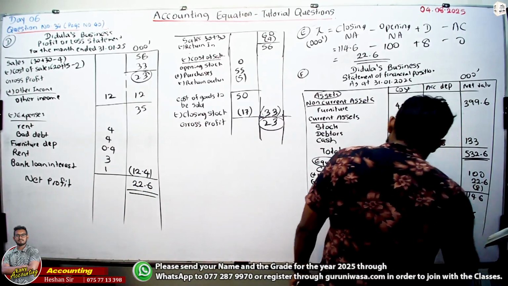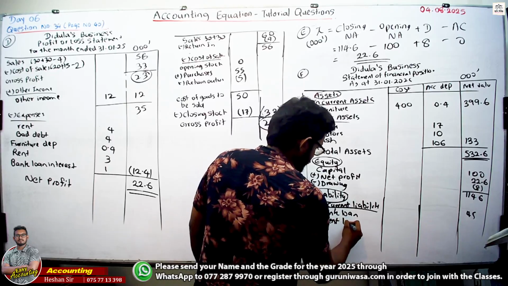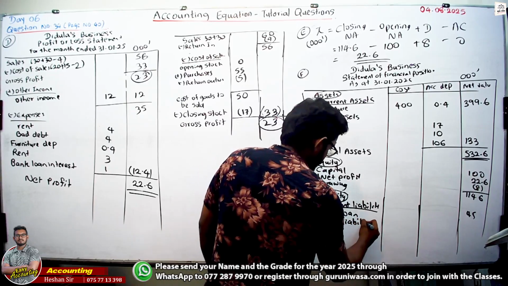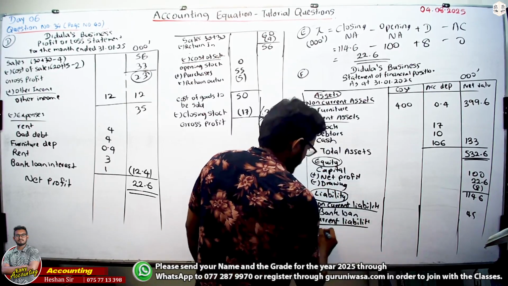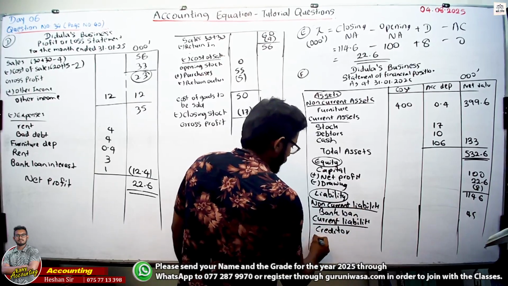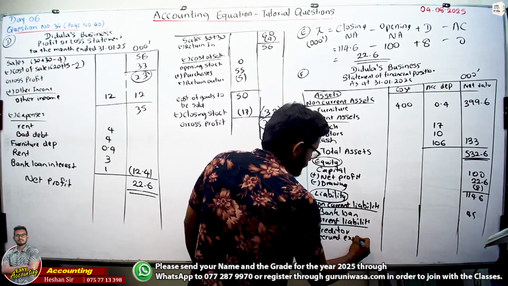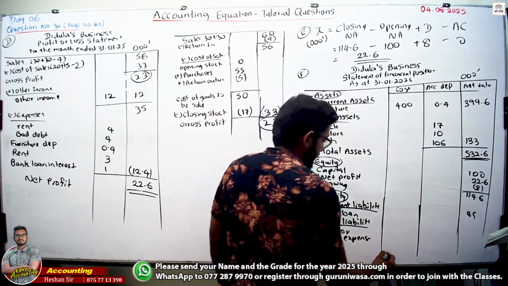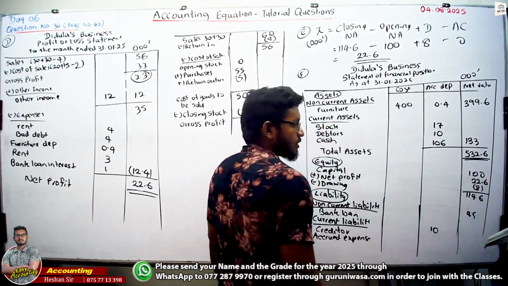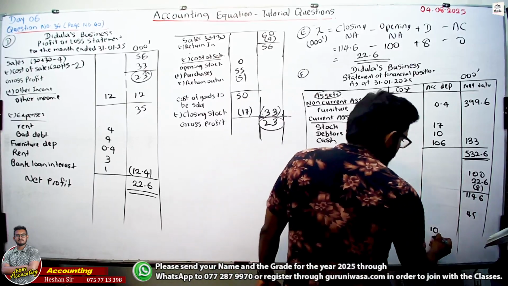So under current liability, you can take creditors and the accrued expenses. Creditor value 10, right? Accrued expenses 3. So it's 13.